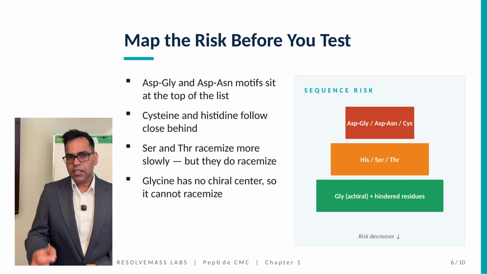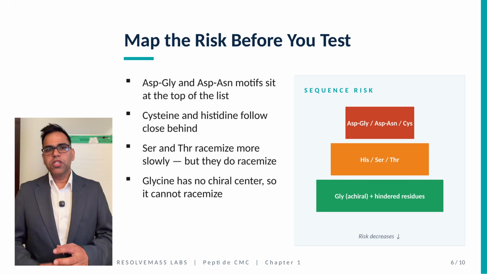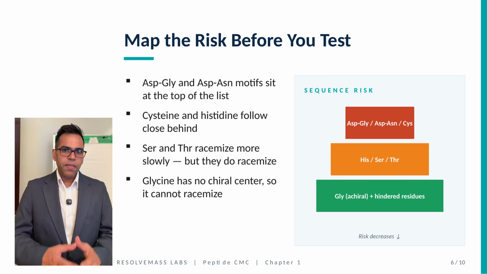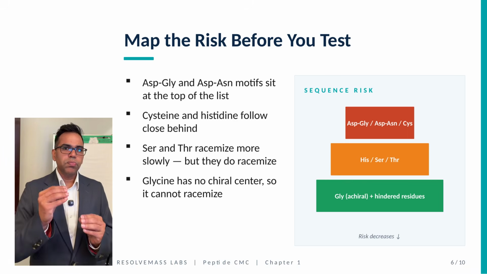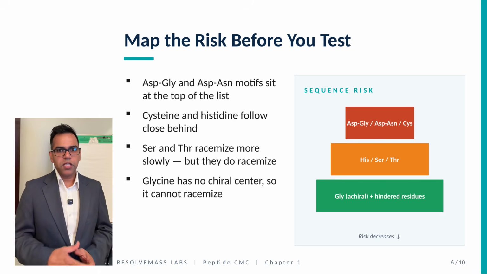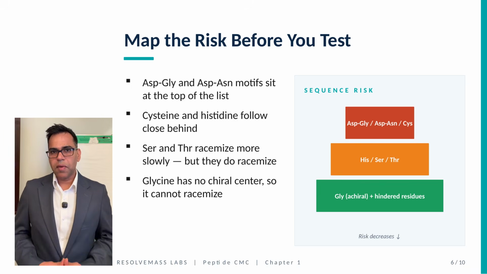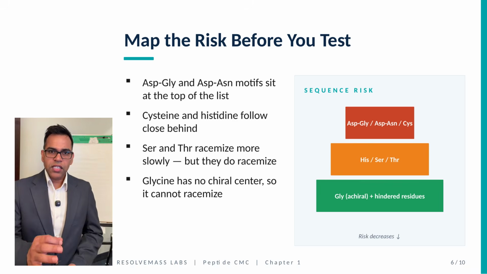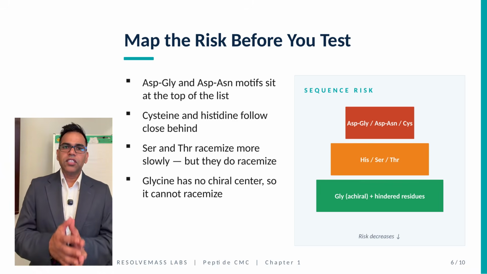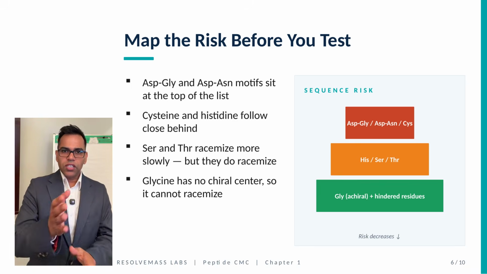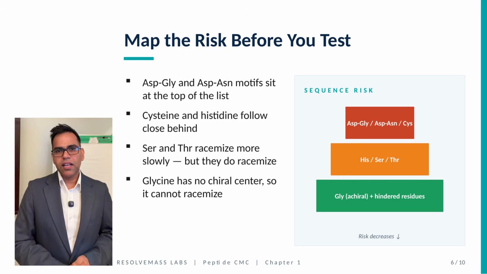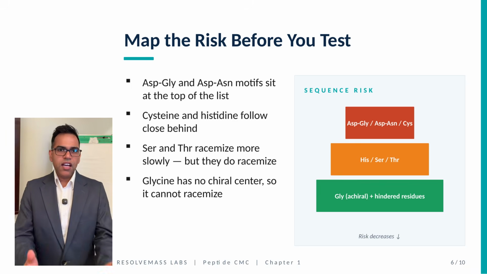Base attacks the backbone, forms a five-membered aspartimide ring, and the ring reopens into beta-aspartyl and D-aspartyl species in one step. Cysteine racemizes during activation. Histidine's imidazole ring does the same to its alpha carbon atom. Glycine has no chiral center at all, so it can't racemize.